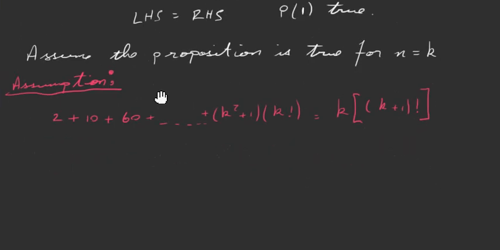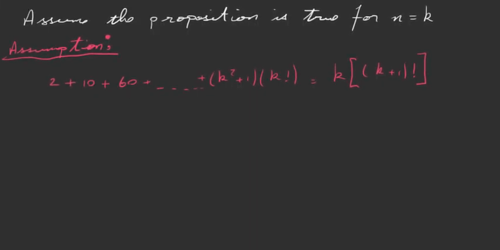And what we want to prove then is that it's true for the next term up, which is k plus 1. So we want to prove the following: that 2 plus 10 plus and so on all the way up to, again, k squared plus 1 times k factorial, plus, now remember we're going up to k plus 1 now, so each of these we replace with k plus 1.